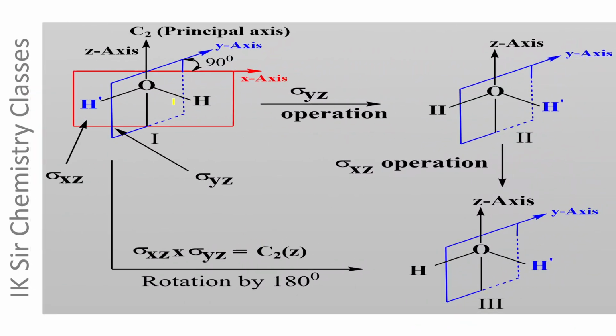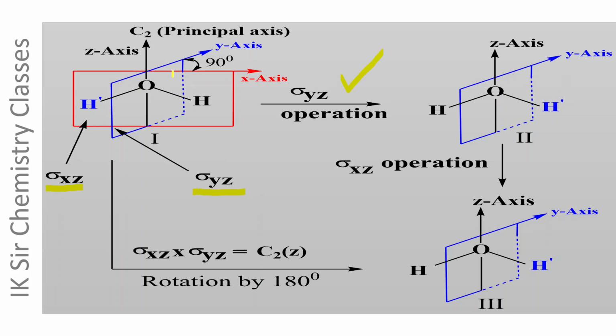It is H2O molecule which has two planes of symmetry, sigma xz and sigma yz. Sigma xz is the molecular plane and sigma yz plane bisects the angle between H' and H. Let us apply sigma yz operation.